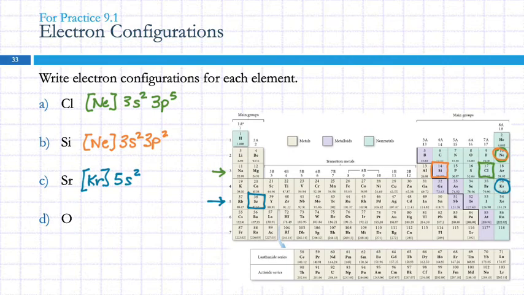And oxygen. Oxygen is up here. So it's a little silly, but we can use helium. He. And then we're coming here. So what is this? 2s2, and then 2p4.